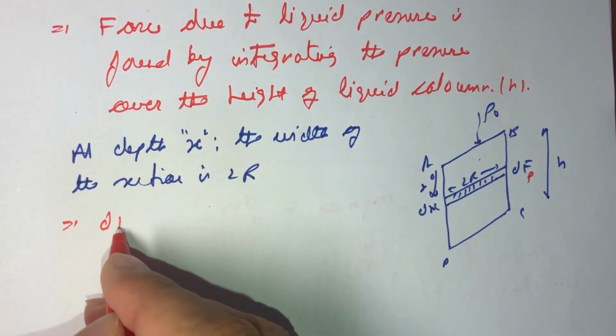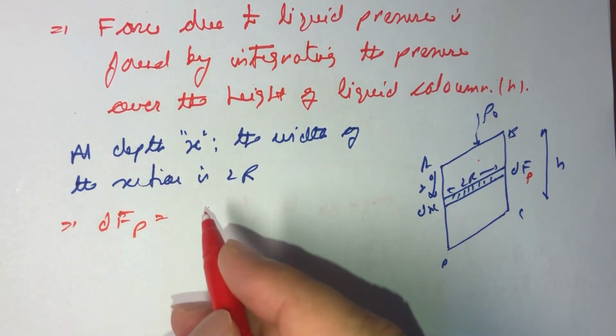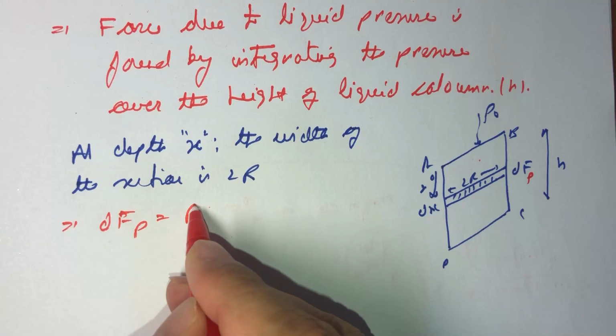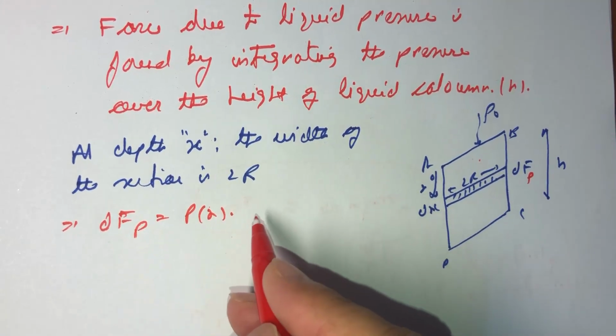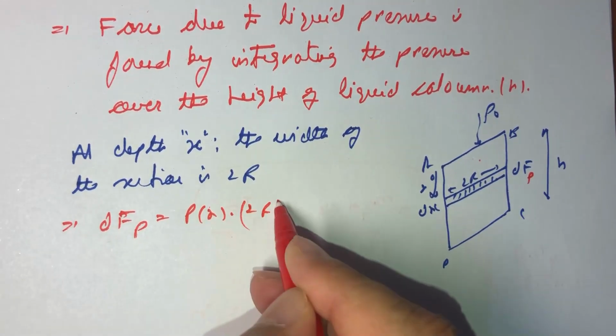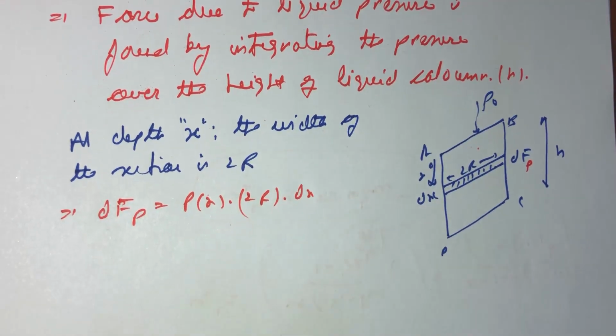Therefore, the small force because of the pressure P will be equal to Px multiplied by 2r into dx.